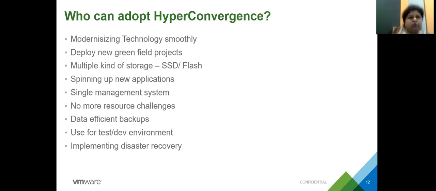So if it's a new greenfield setup, or a new data center that you are setting up altogether, then it's highly recommended for you to look into all the hyperconverged solutions available in the market. Another reason is the different kinds of storage available.